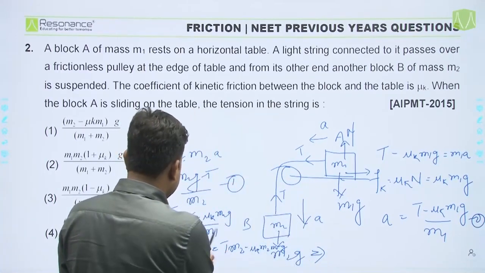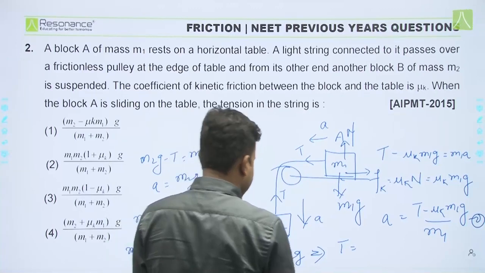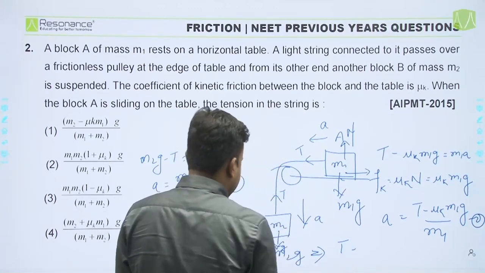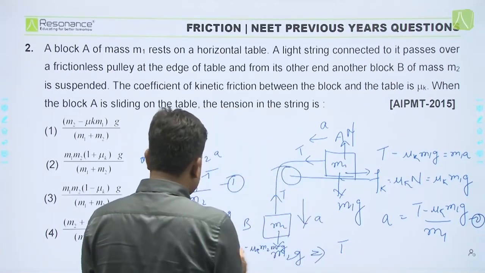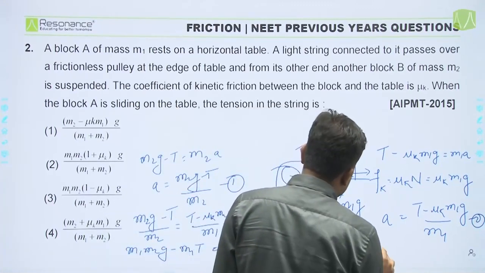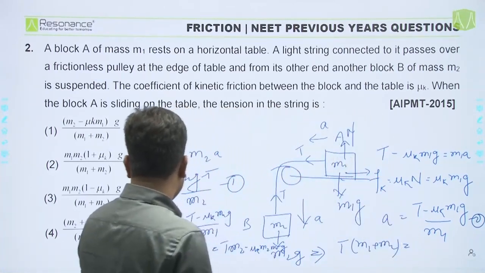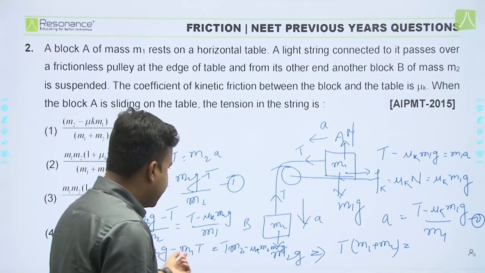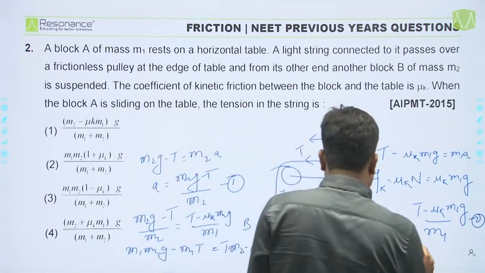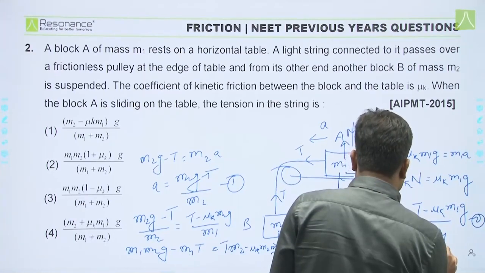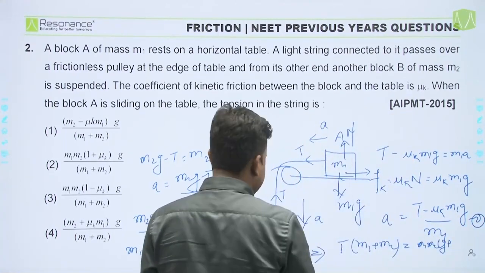From here, take T this side. If you are bringing T this side, what you can write, T into m1 plus m2 is equal to, now the left part is m1 m2 g, and if you are bringing this one this side, it will come with the positive sign.